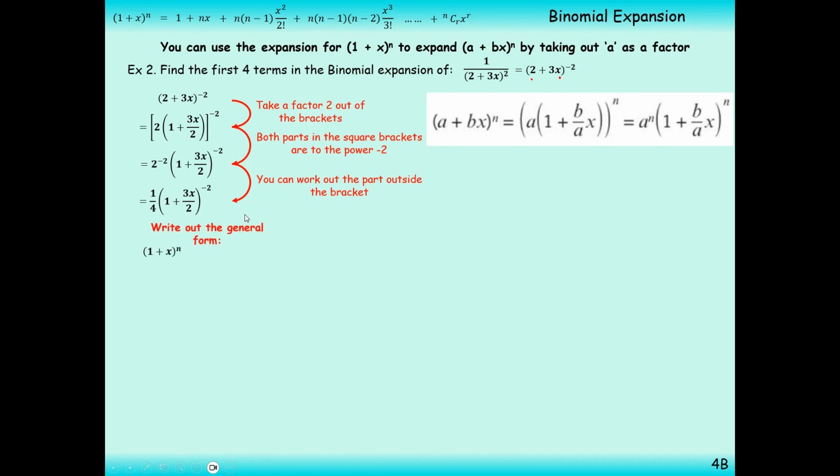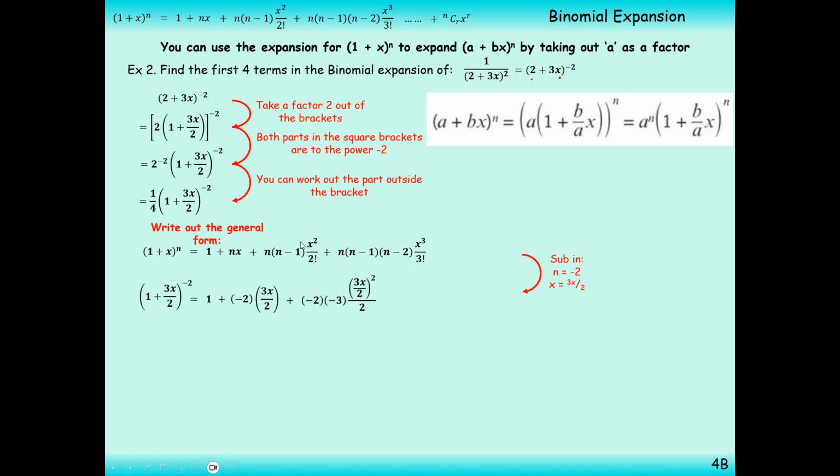So the general form is, and substituting n equal to negative 2 and x being 3 over 2 x, we get, right, going through the motions and putting those values into your formula, into your calculator, you'll end up with these terms here.